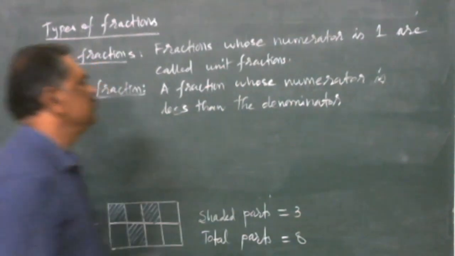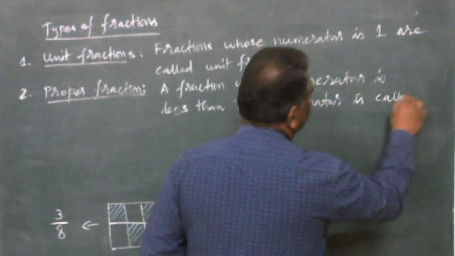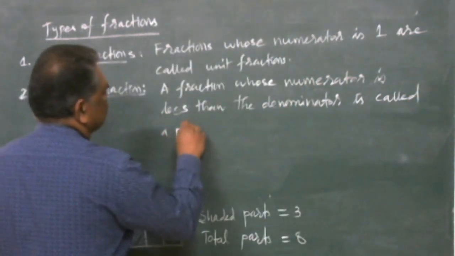So a fraction whose numerator is less than the denominator is called a proper fraction.